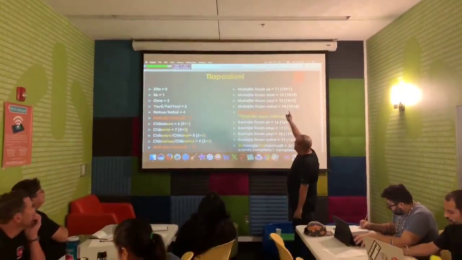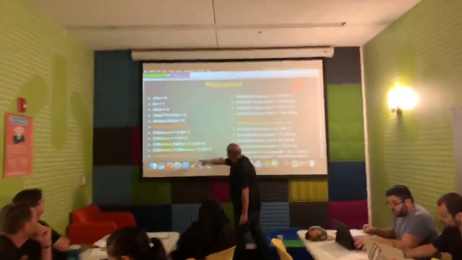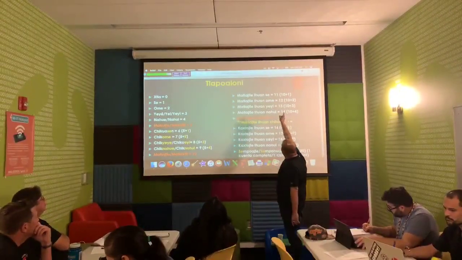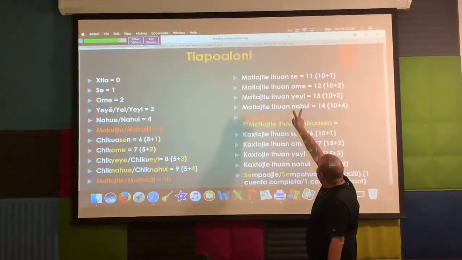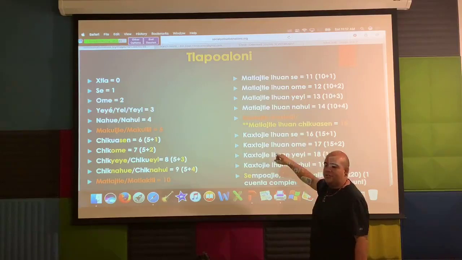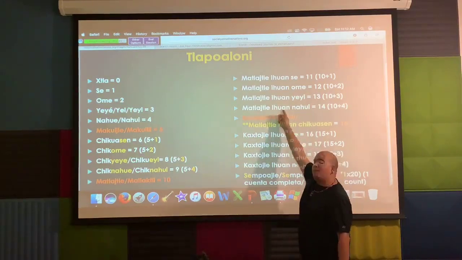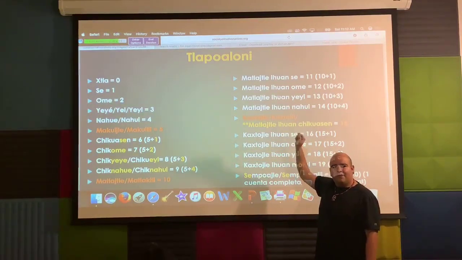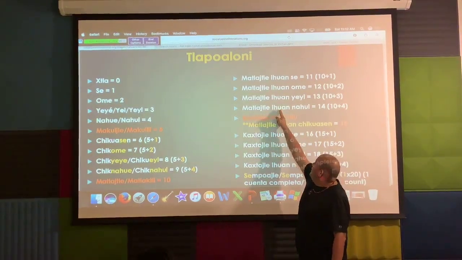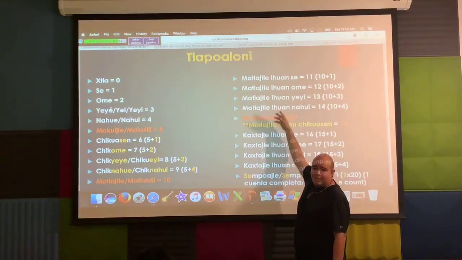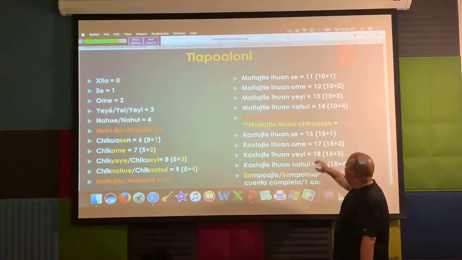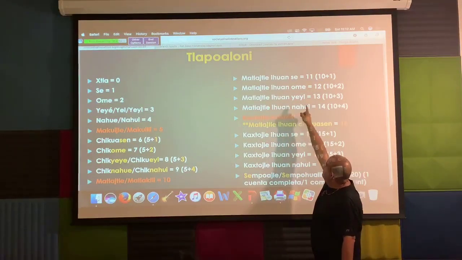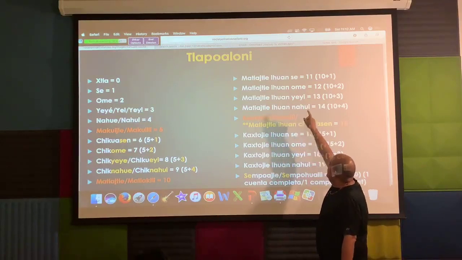Okay. And so from matlacle to get to 11, we have literally an addition. The word iwan represents and, with, so plus in that sense. And then the singular numbers just get added on.